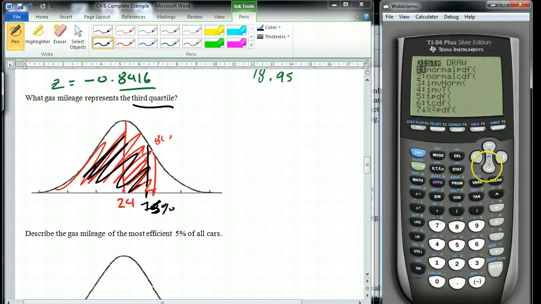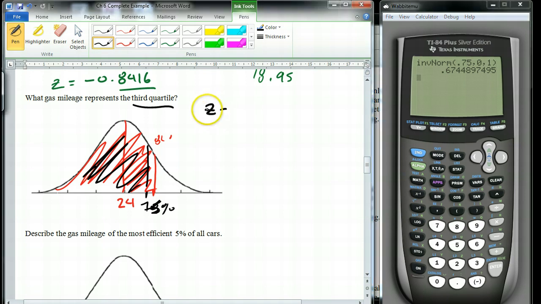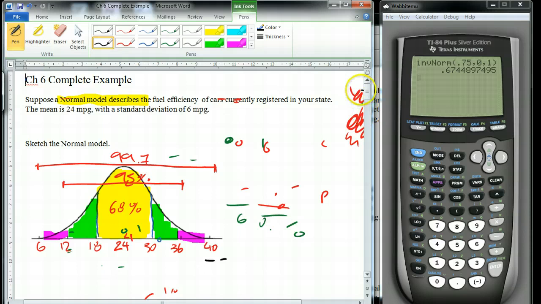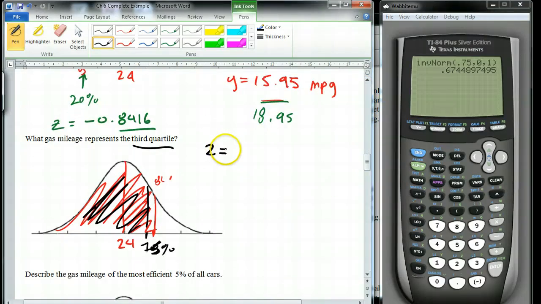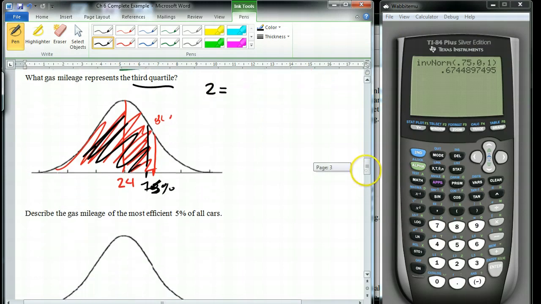So second function, variables, inverse norm, 0.75. I get 0.6745. So my z-score is 0.6745.